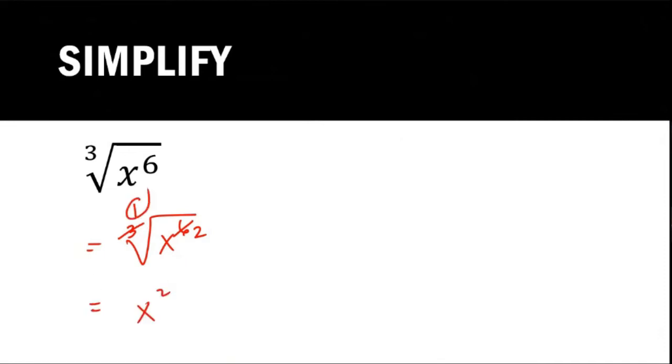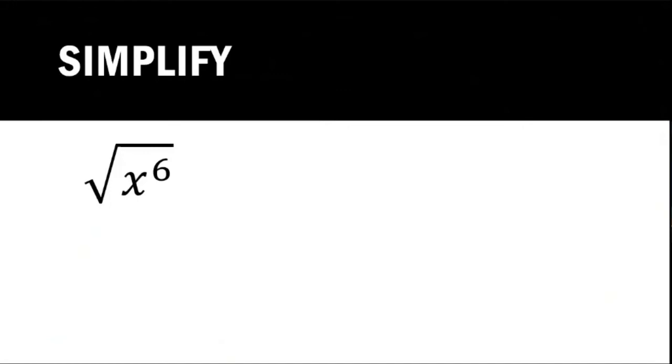Once the index is 1, if you divide out the index and the power of the radical, we can rewrite it as x raised to 2. Since it is now 1, the radical sign will be eliminated. So that will be x raised to 2.